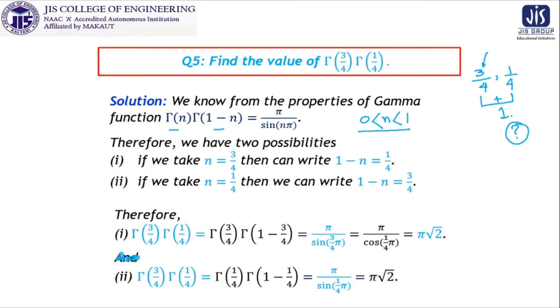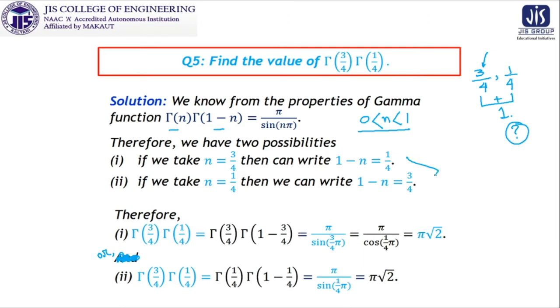So here we can do these problems in both the directions. In your exam you can use any one of these, but here we are showing both the possibilities, so it will be or. If we take n equal to 3 by 4, then obviously 1 minus n will be 1 by 4, and if we take n equal to 1 by 4, then 1 minus n will be 3 by 4.